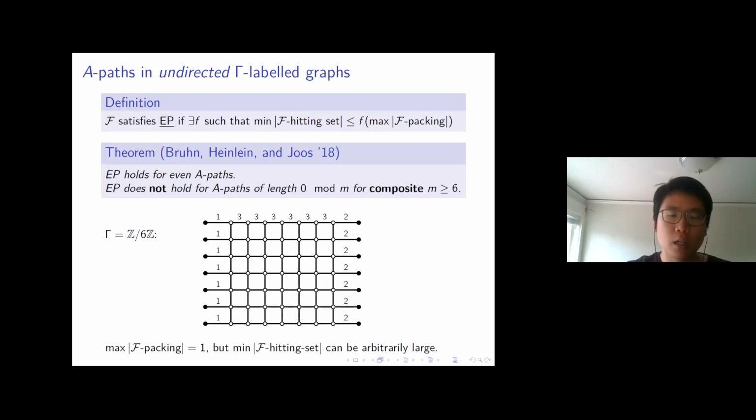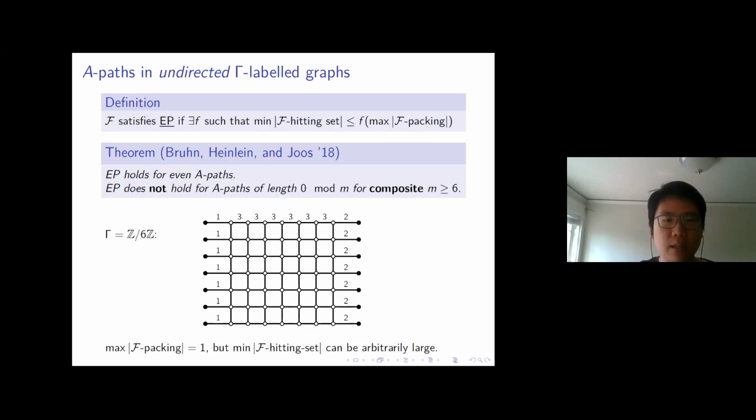So if we want a path of length 0 mod 6, we have to start from the left side and end on the right side and use an edge in the top row. Because if you start and end on the left side, then your length will be some multiple of 3 plus 2. And if you start and end on the right side, then your length will be some multiple of 3 plus 4, which will never be 0 mod 6.